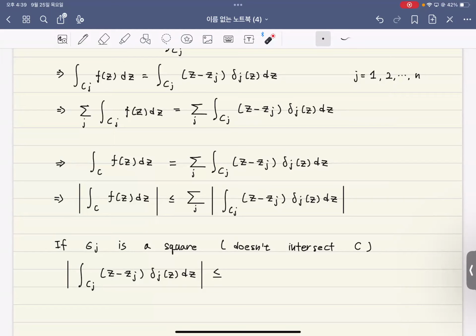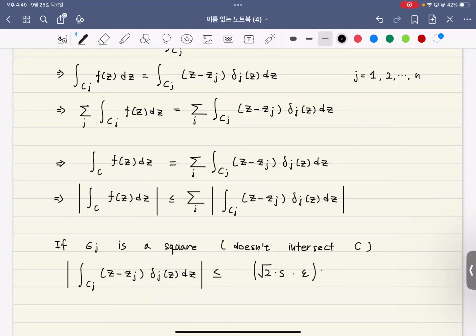If the side length of this square is s, then the diagonal is square root of 2 times s, and the magnitude of the integrand is also bounded by epsilon, so this is the upper bound of the magnitude of the integrand. I will also need to multiply this number by the length of the curve that is being integrated.